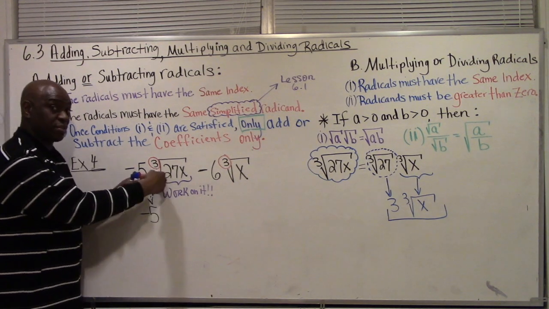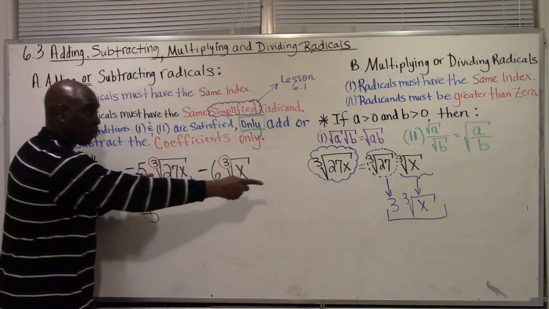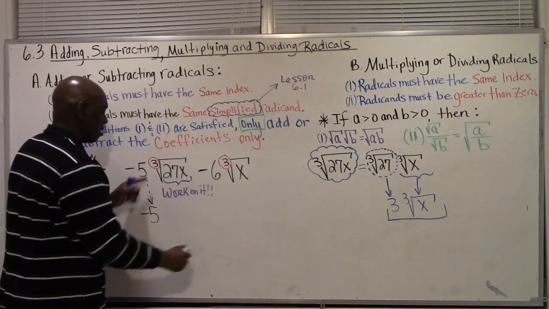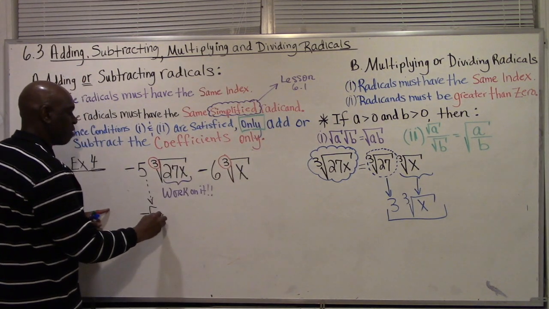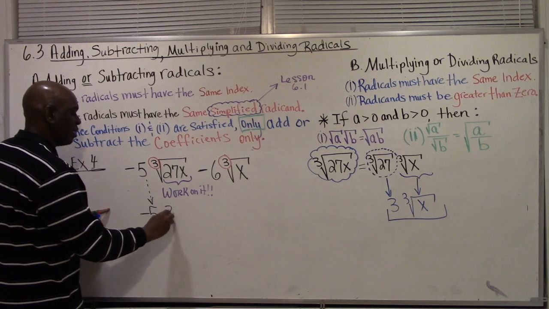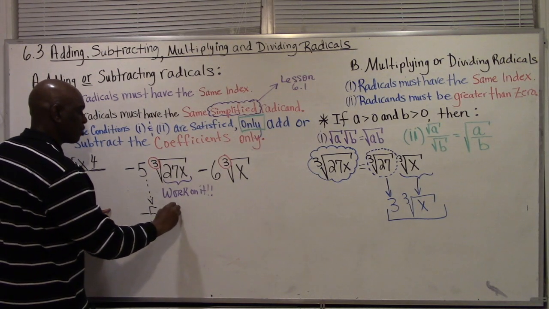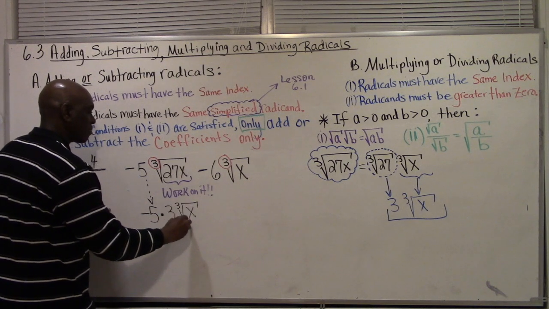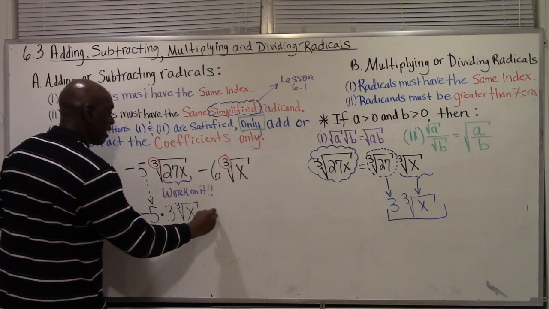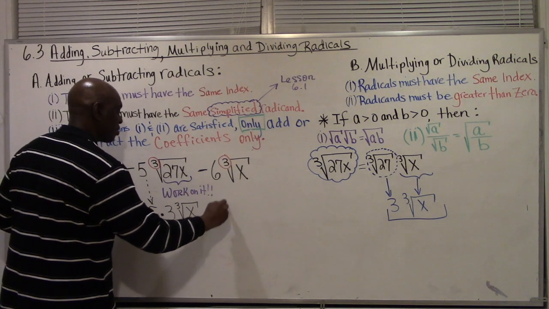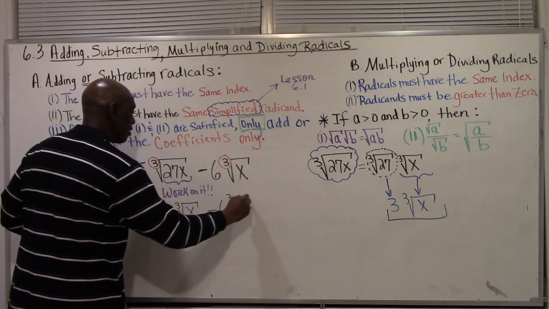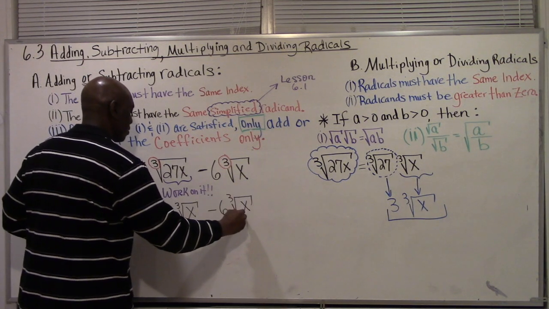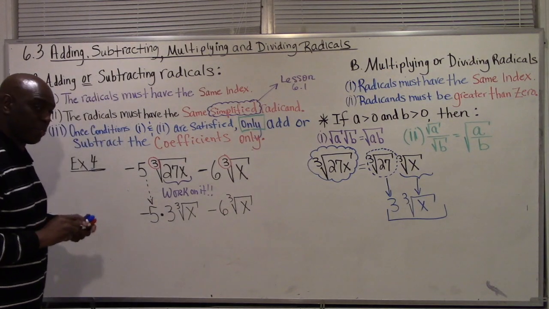Do not write this. Write the work we did on it. Negative 5 times 3, the cube root of x, minus 6 cube root of x. This is starting to look much better now.